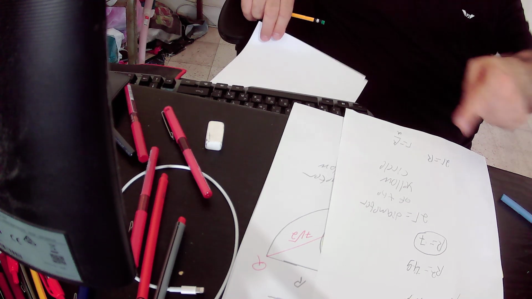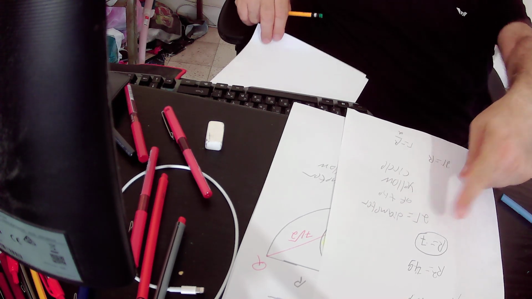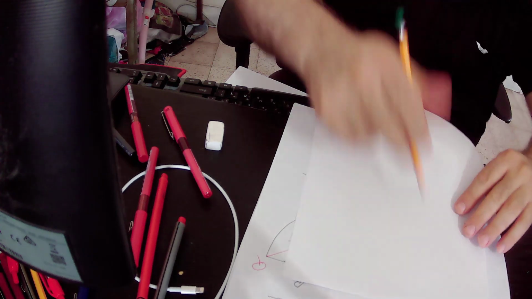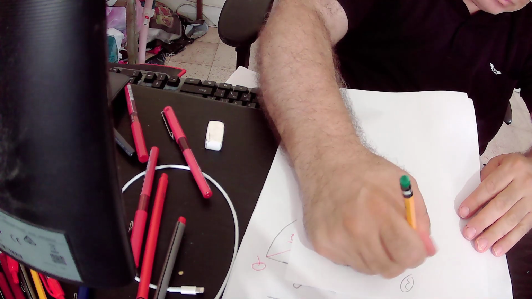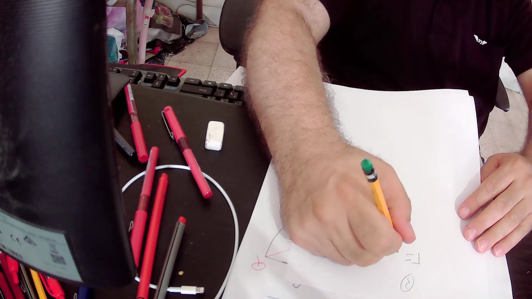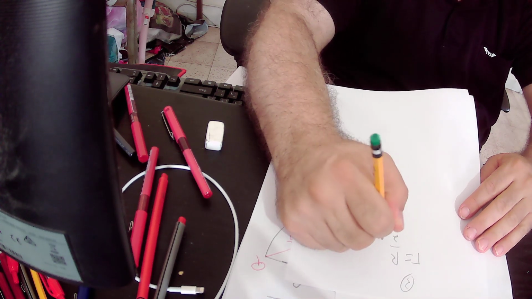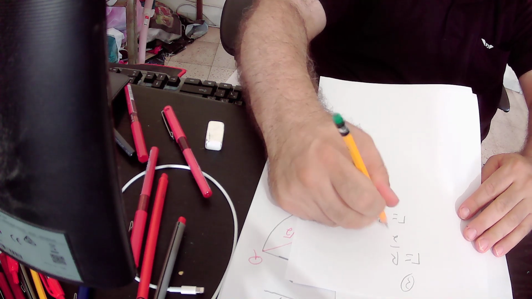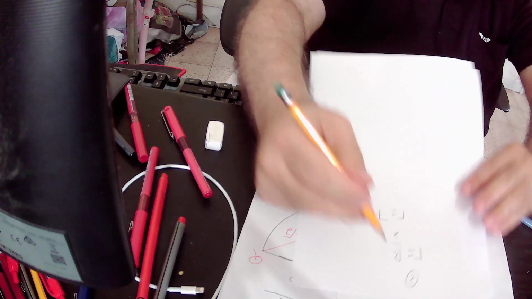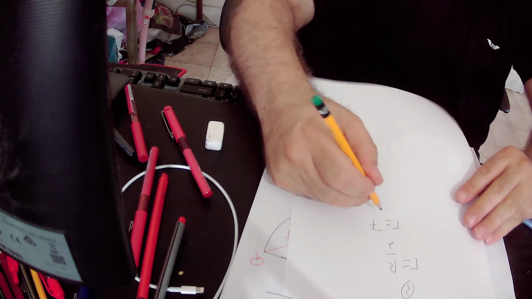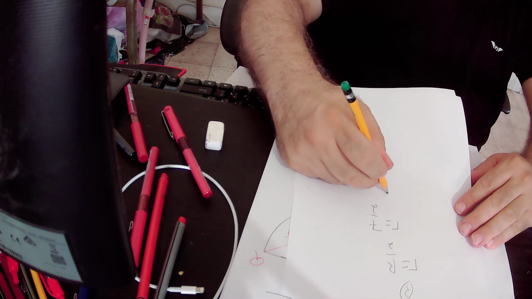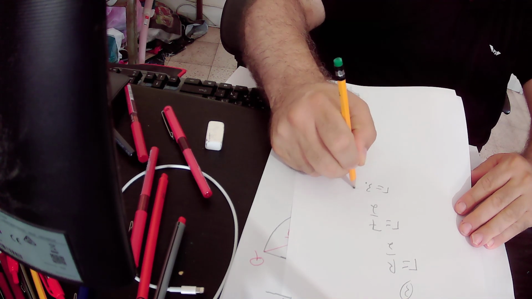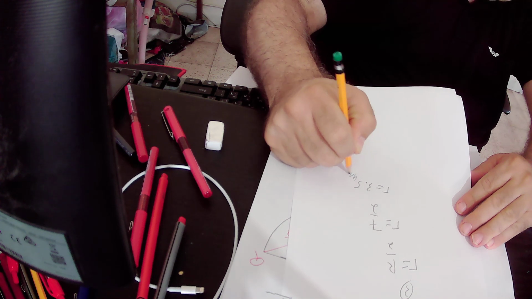We found out that capital R equals 7. So small r will be equal to capital R divided by 2, that is 7 divided by 2, so r equals 3.5 units.